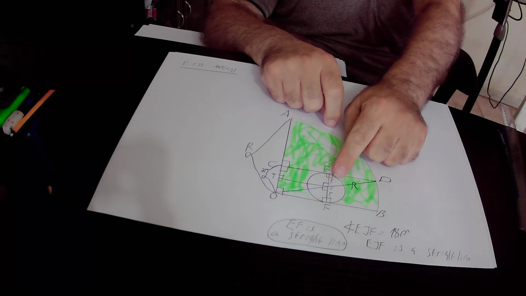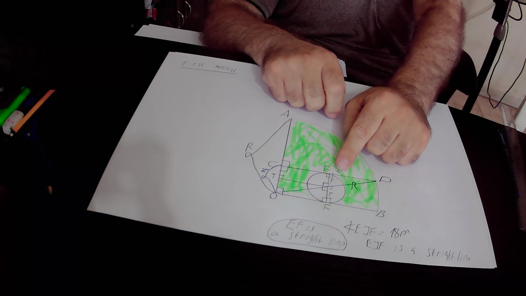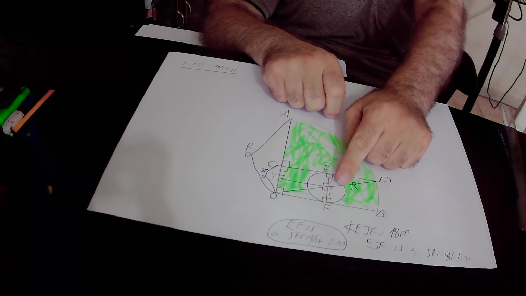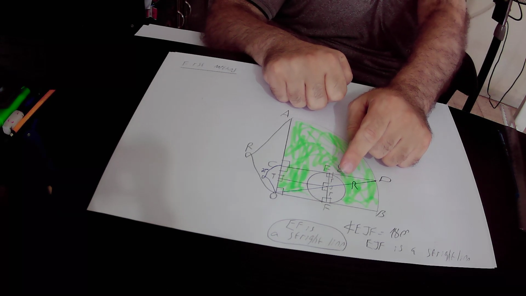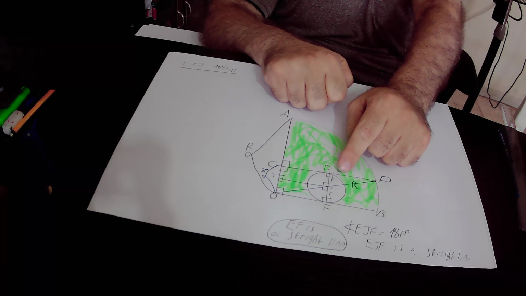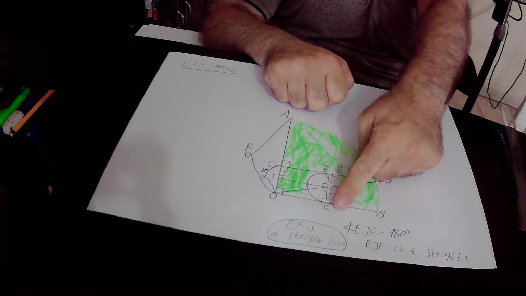And because angle EJF is equal to 180 degrees, it means that line segment EJF is a straight line. And if line segment EJF is a straight line, it means that EF is also a straight line.